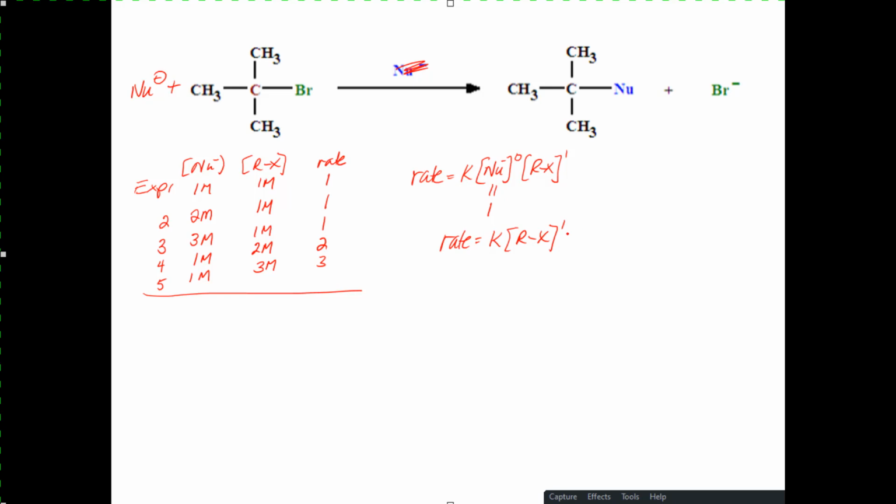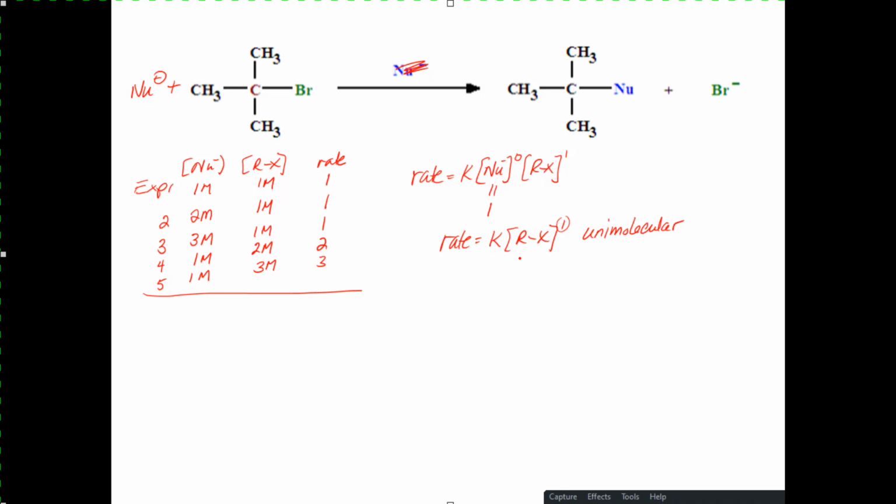Now what we have is not an overall bimolecular reaction. We have a unimolecular reaction because the overall rate order is 1. The reason we use kinetics, the importance of kinetics, is that it helps us elucidate mechanisms. When you have a change in kinetics, you typically have a change in mechanism.